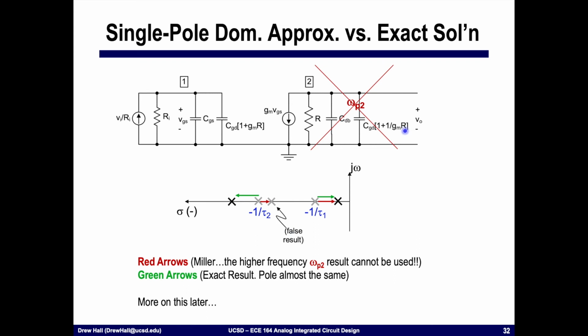When we get to the non-dominant pole, omega P2, the gain is no longer minus gm times R. This has caused the gain to start rolling off, and that's where we're getting this false result from. Okay, so remember, we cannot use Miller's theorem and Miller's approximation in order to calculate the non-dominant poles of a circuit.